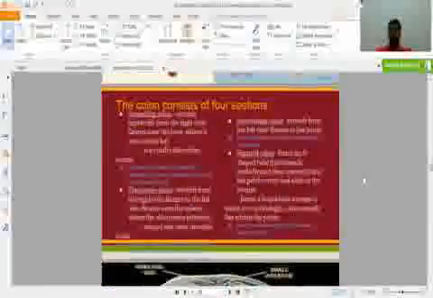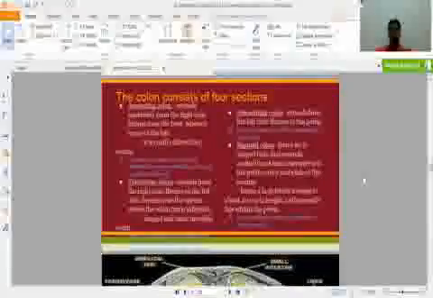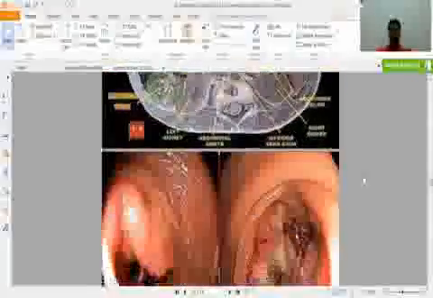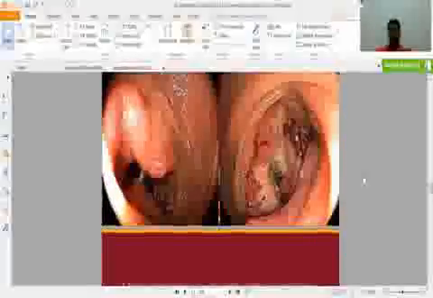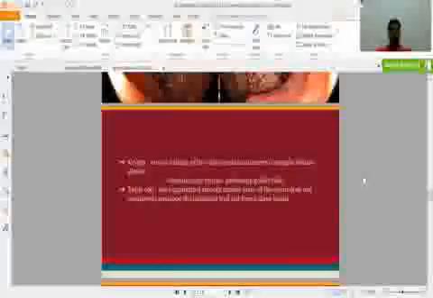The colon consists of four parts: ascending colon, transverse colon, descending colon, and sigmoid colon. As you can see, this is the inside view of the colon. There are crypts and taeniae present.